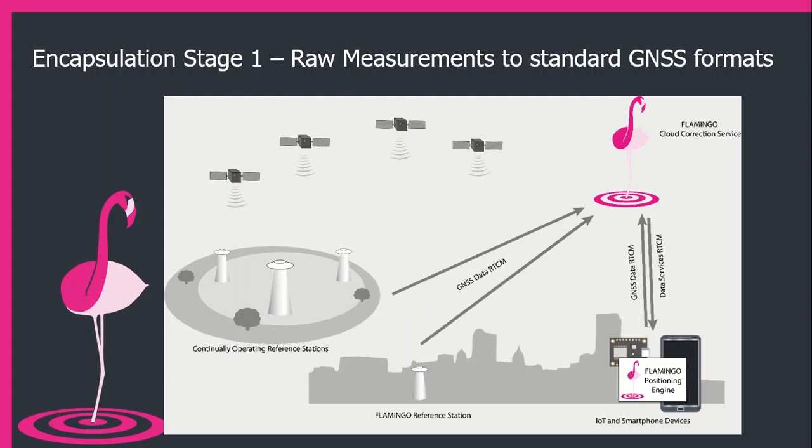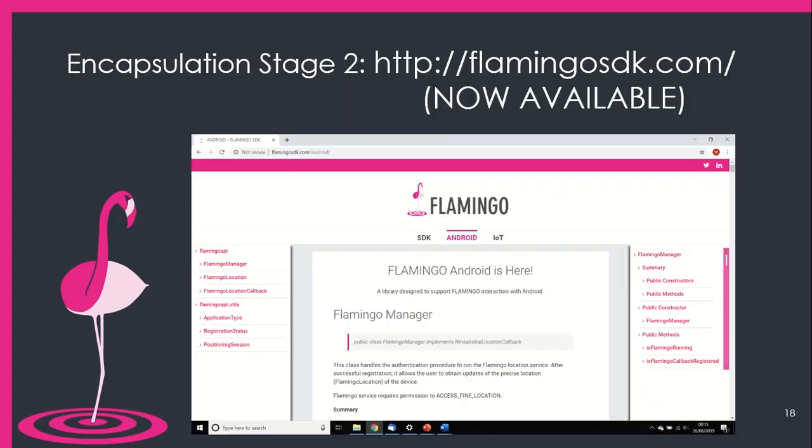Using this and sending across these corrections and also the signals from the satellites, we've got a core positioning engine being used inside smartphones that will allow you to get a much more accurate location fix, utilizing the best of the data available. And then in encapsulation stage 2, we've got an SDK platform that is very simple for you to install on your device.